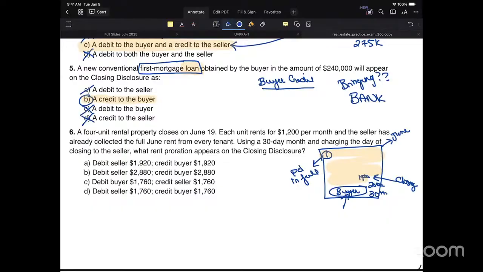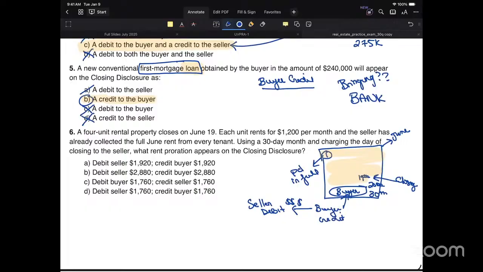But then the dates, the 20th through the 30th, because we're using that 360-day year, that's when the new owner owns the property and they should get that rent. So we know there needs to be a credit to the buyer. So it's a seller debit. Money comes from the seller and it's going to the buyer.